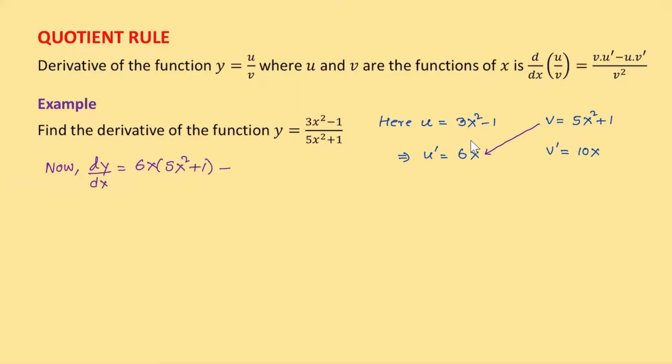Then minus u times v prime, that is this product. We are subtracting that product now. So minus 10x times 3x squared minus 1, divided by v squared. V is 5x squared plus 1, and we are squaring that.